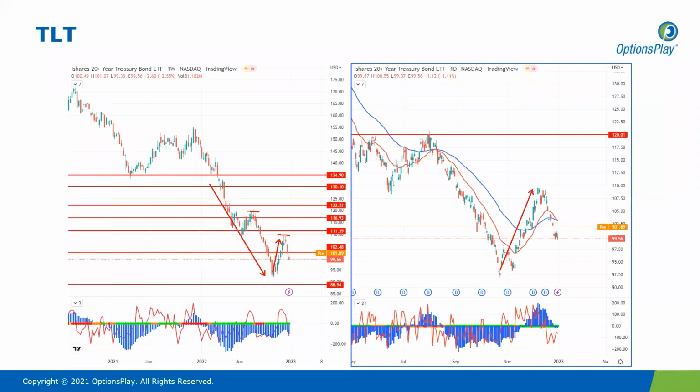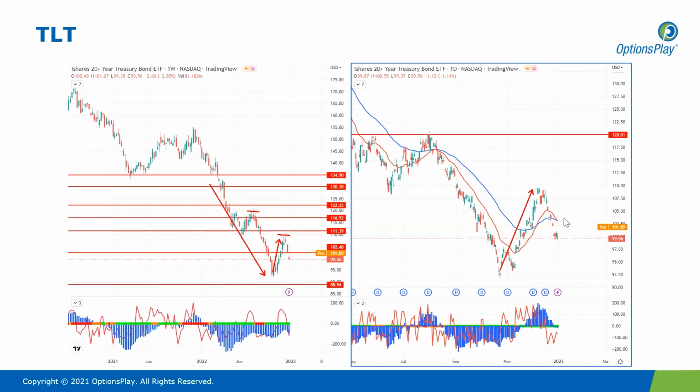So for that reason, I do think TLT will find some support, potentially 92.50 being the bottom. But there is still a lack of an upside catalyst, because if interest rates are going to be elevated for an extended period of time, you can't expect bonds to move higher. So for that reason, neutral to bearish bias here for TLT.